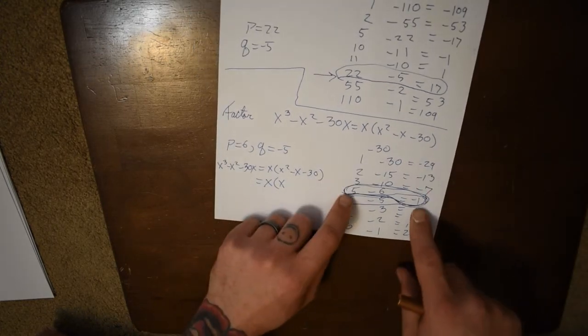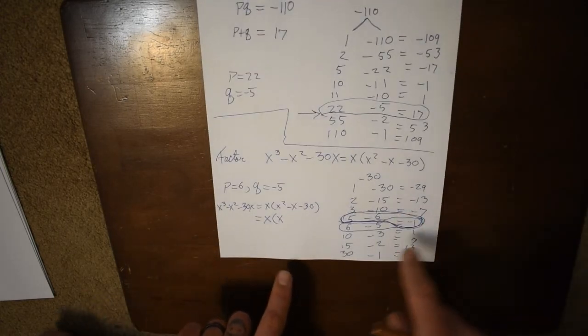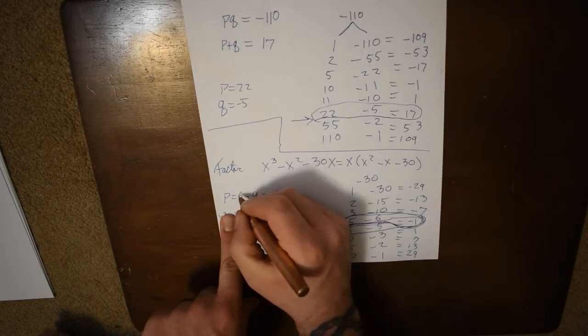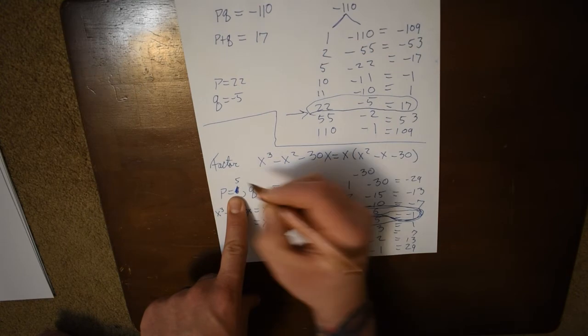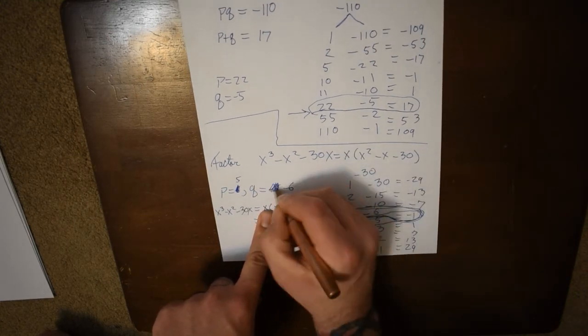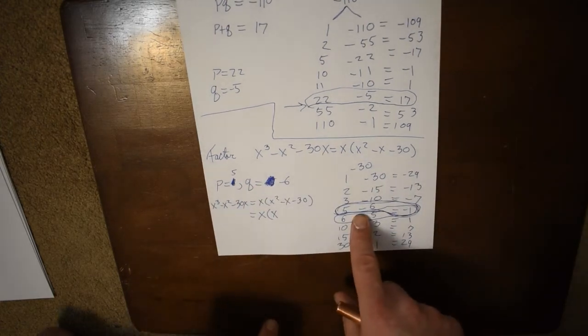I fell out of line there. So that means I want to switch which one I call which. I'll say that P is a 5, and Q is a negative 6. Sorry about that. I read my table poorly.